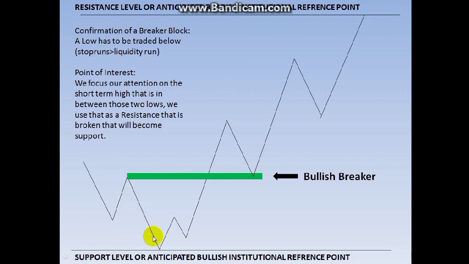Now once we have this, our point of interest, we focus our attention on the short-term high that is in between those two lows. When we have a potential run on liquidity, because this could be just a break of structure and price can just retrace and continue going lower, we don't know if this is a run on liquidity or a stop run until there's a shift in market structure.